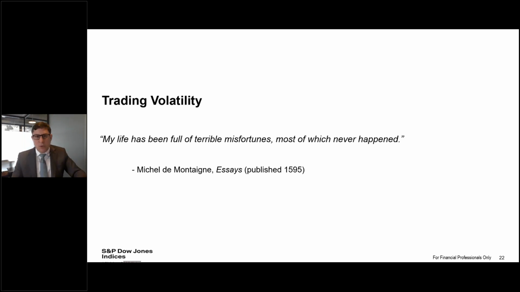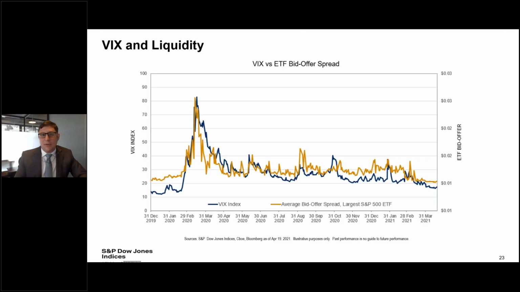And just to whet your appetite, something I think is deeply important about VIX is its connection to the very concept of equity trading. What I've shown here is a comparison between the level of the VIX and the average bid-offer spread during the day on the largest, most highly traded ETF in the world, a US ETF tracking the S&P 500.